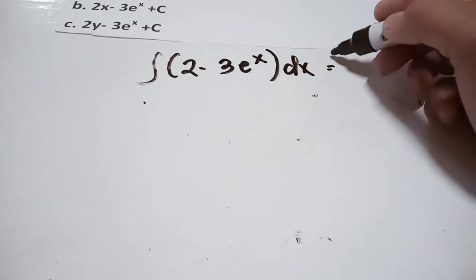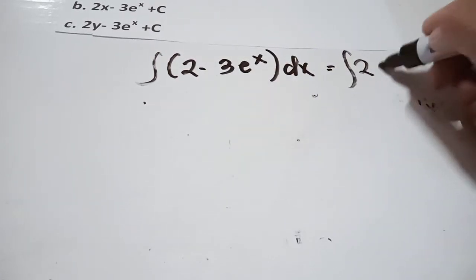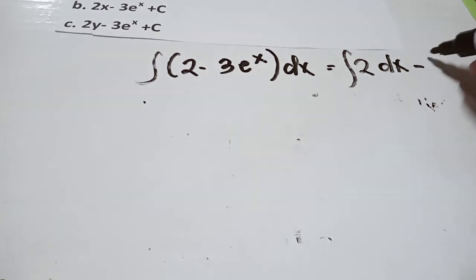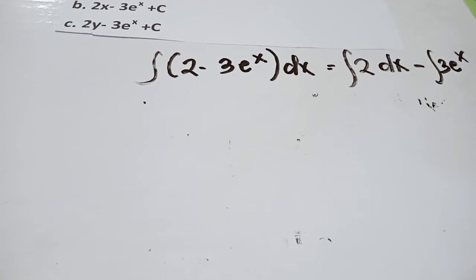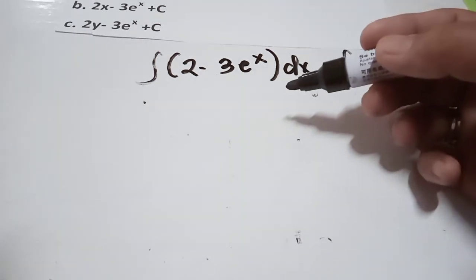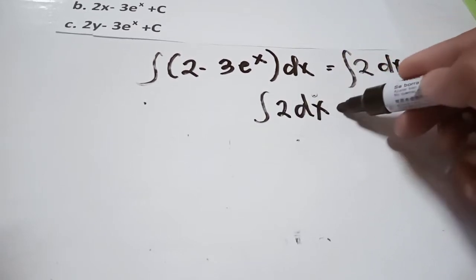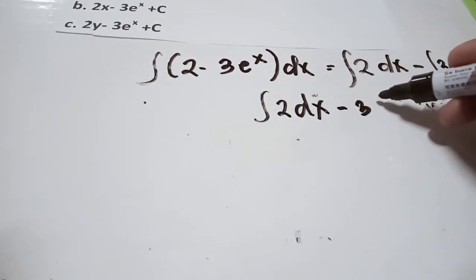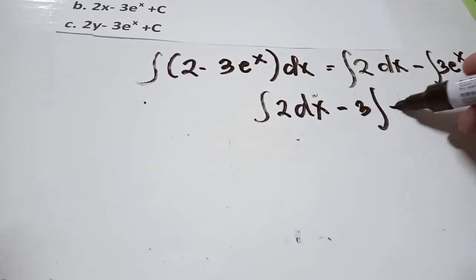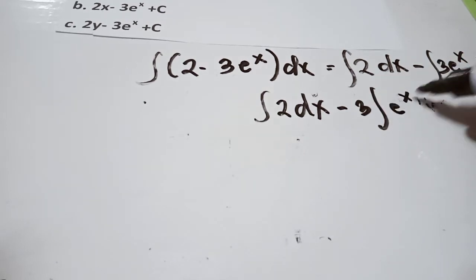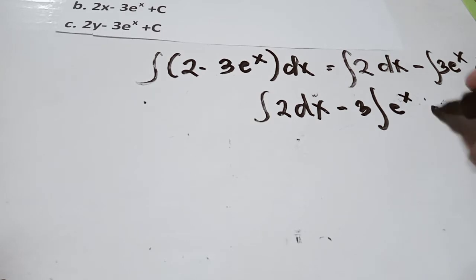We integrate first the 2, so the integral of 2 dx, and minus the integral of 3 e to the x dx.